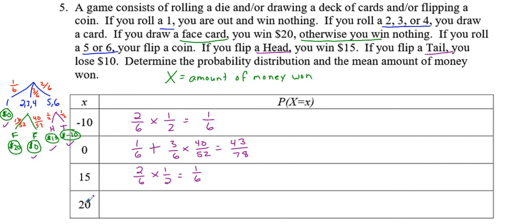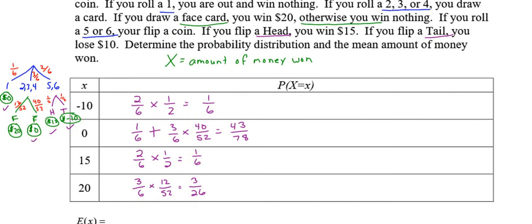And the probability of winning $20 is rolling a 2, 3, 4 and getting a face card. So the probability of a 2, 3, 4 is 3 out of 6, and a face card is 12 over 52. So that will work out to 3 over 26.